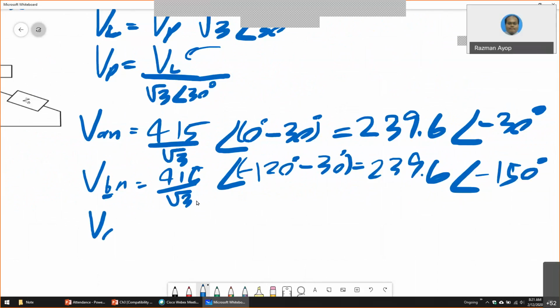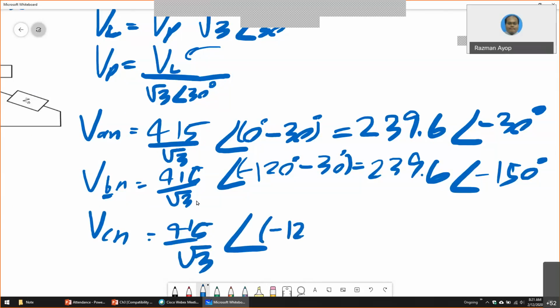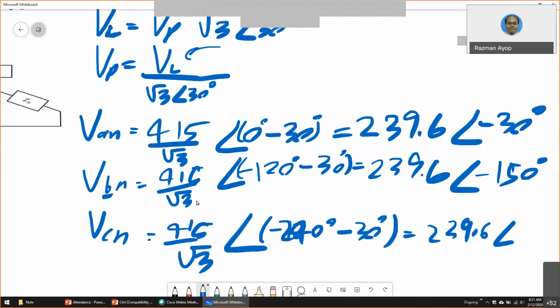And VCN, of course, 415 divided by square root 3, angle negative 240 degree minus 30 degree. You get 239.6 angle negative 270 degree, or you can use the other way around, 239.6 angle 90 degree.